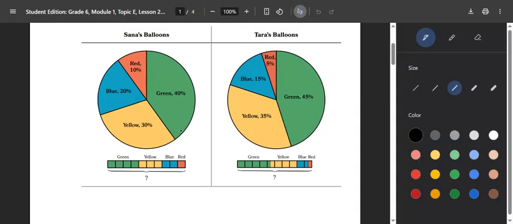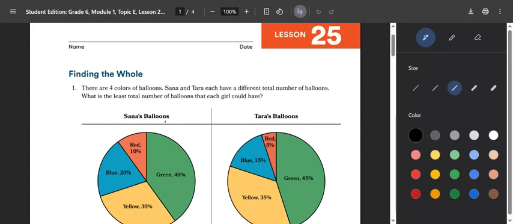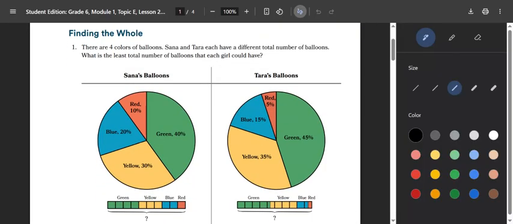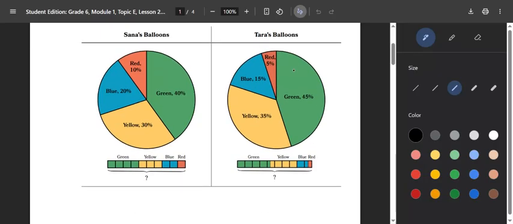So let's do this. So we've got 4 colors of balloons. Sana and Tara each have a different total number of balloons. What is the least total number of balloons that each girl can have? So we want the least number of balloons.